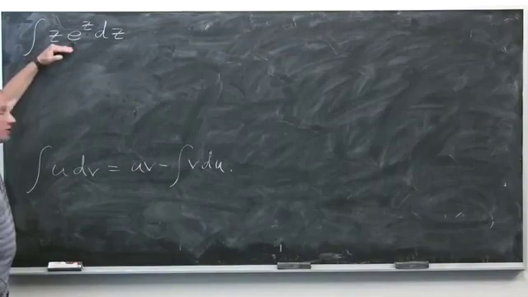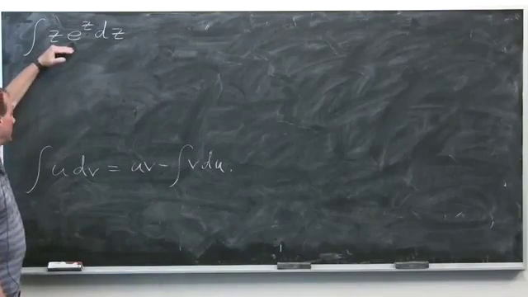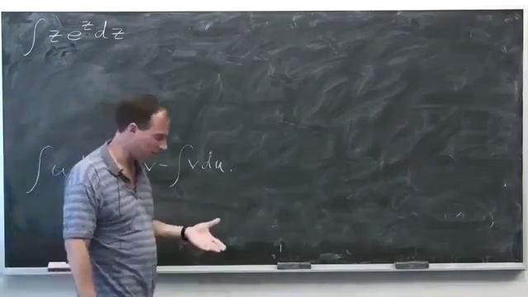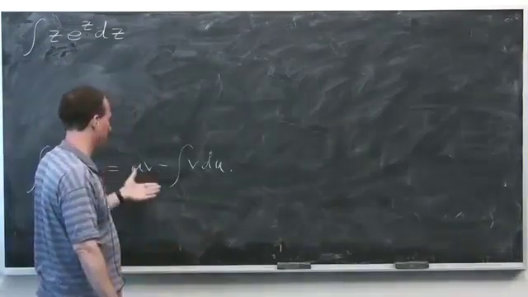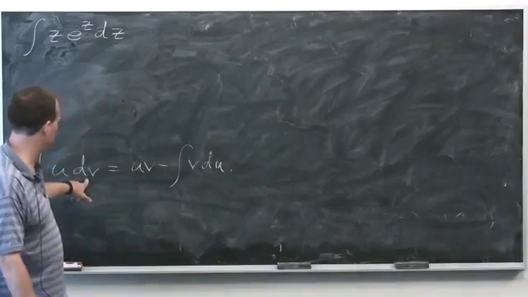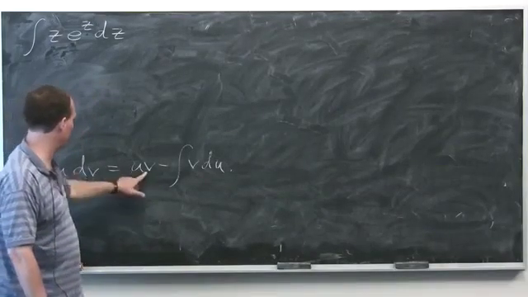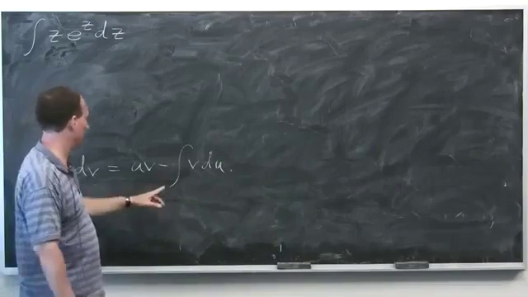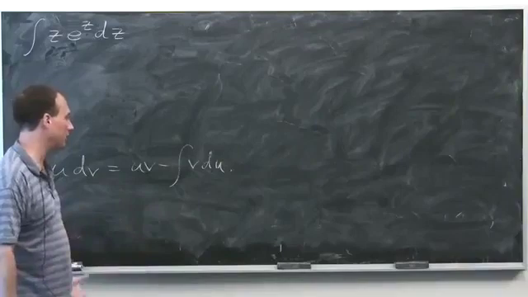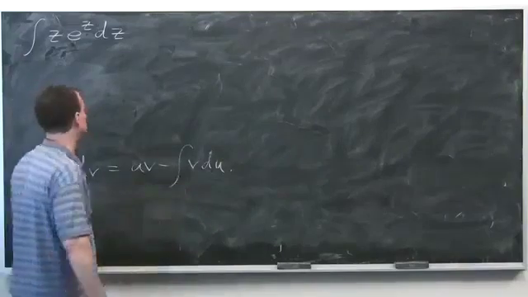You pick part of the integrand to be u. Everything else, including the dz, would have to be dv to use this. And you go ahead and write what those are, then you pick u that determines dv, you calculate v from dv, you calculate du from u, and you apply this formula and hope that this new integral is easier.